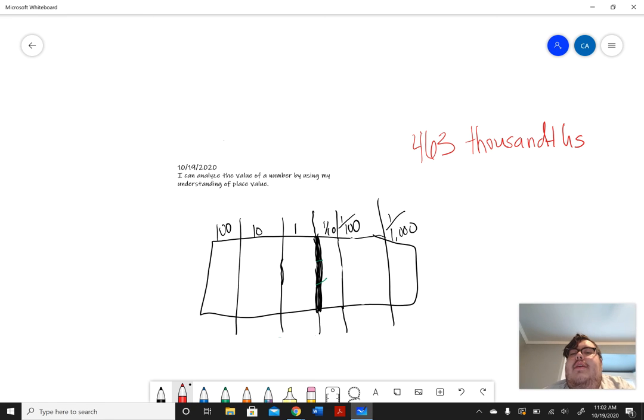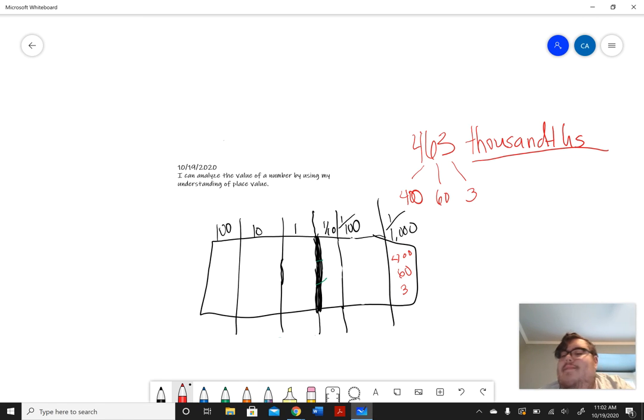Okay, 463 thousandths. All right, what I'm going to do is think about what parts of this number I have. Well, I have 4 hundreds, which is the same thing as 400. I have 6 tens, which is the same thing as 60, and I have 3 ones. And I'm in the thousandths place. Okay, so here we go, 400 and 60 and 3. All right, my 3, she's good. She doesn't need to move.